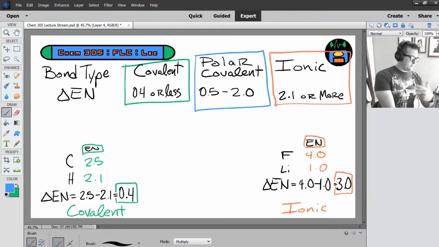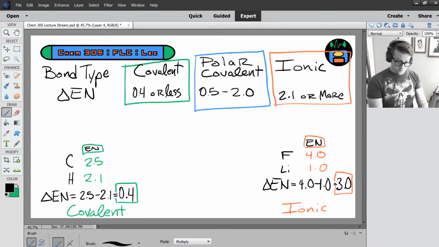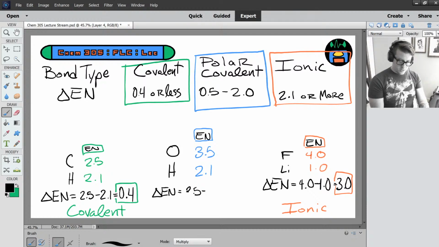An example of a polar covalent bond would be the bond that forms between oxygen and hydrogen. Oxygen's electronegativity is 3.5. Hydrogen's is 2.1, so here the difference is 3.5 minus 2.1.